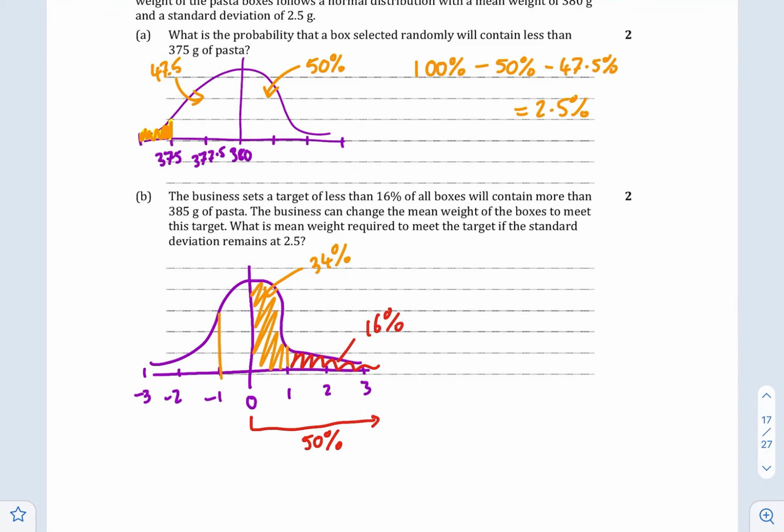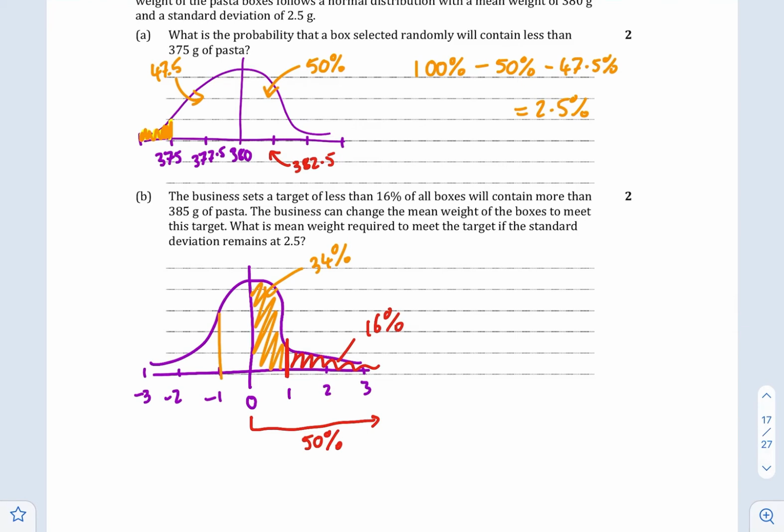Okay, so in order for us to get that new space of 16%, we need to make a shift, right? Because what's this currently? This is 382.5. We need that to be 385.